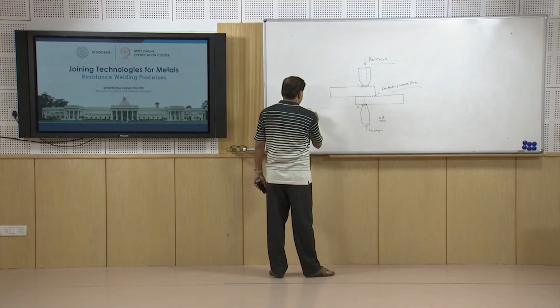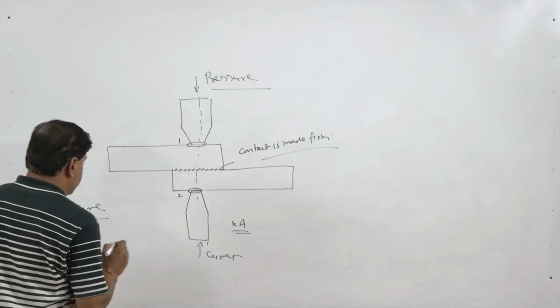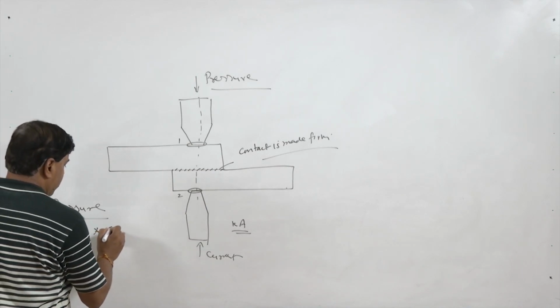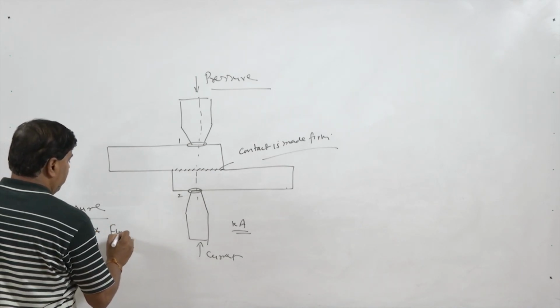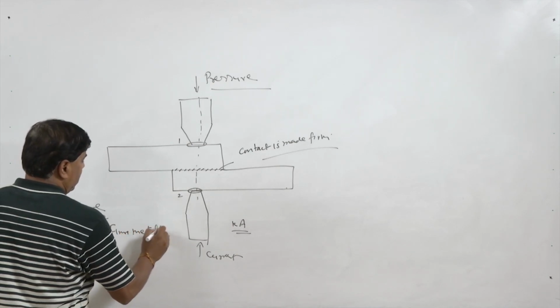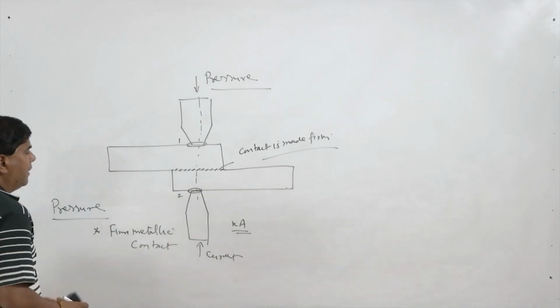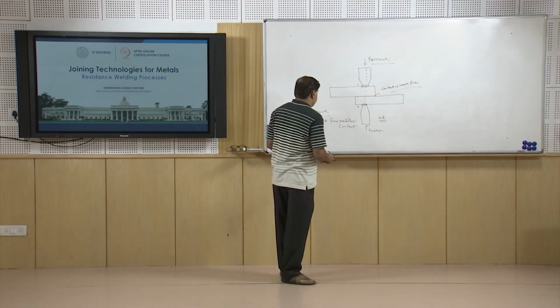Pressure is one of the important variables related to the process, because it ensures firm metallic contact between the electrode and workpiece and between the faying surfaces of the workpiece.